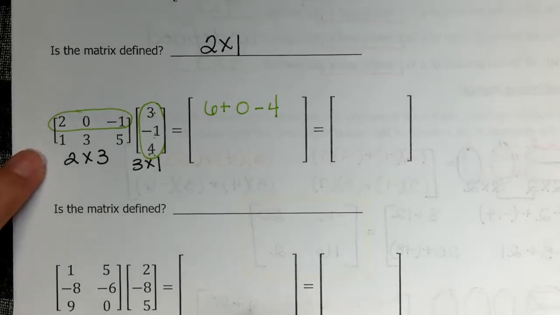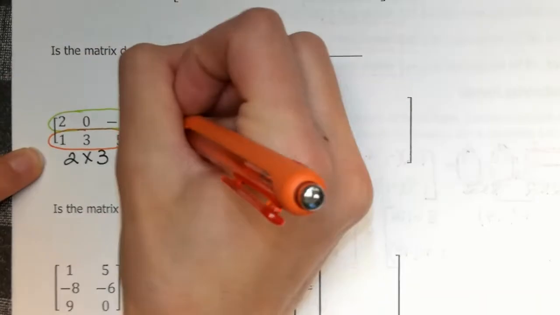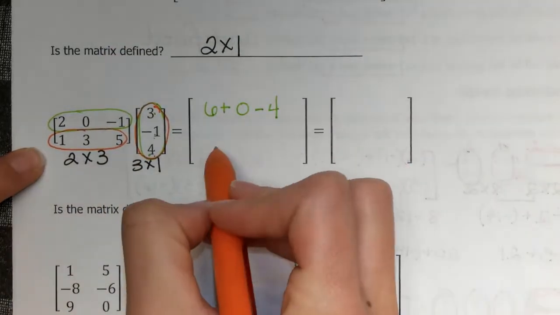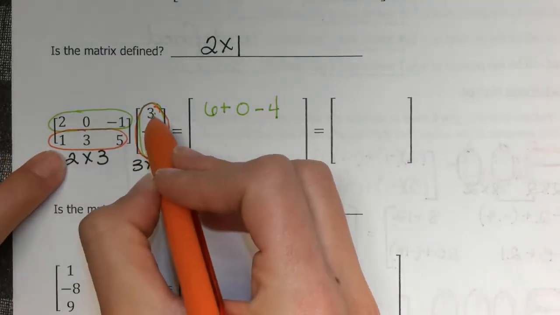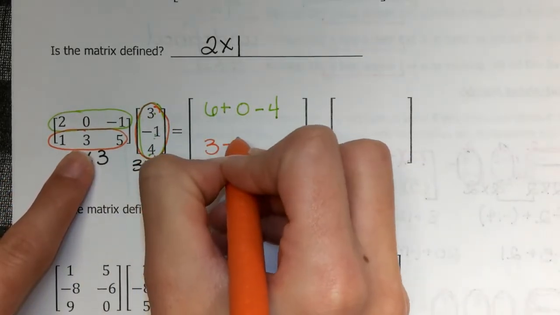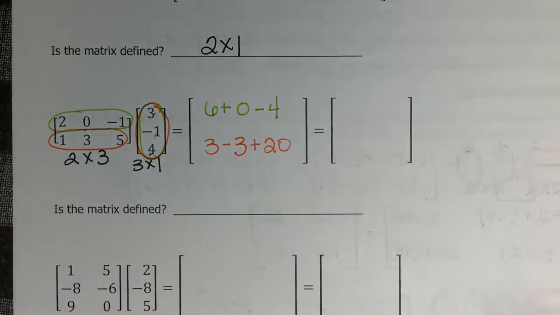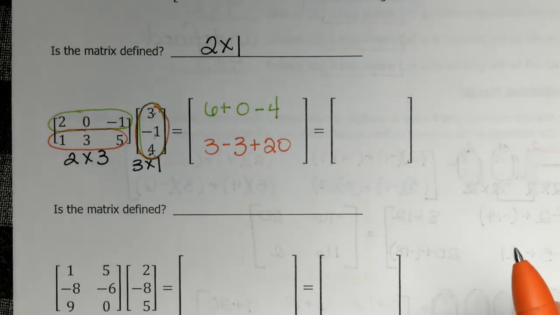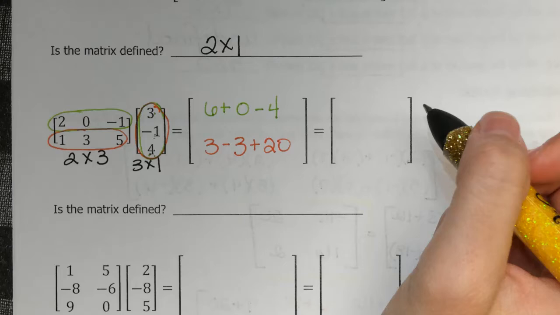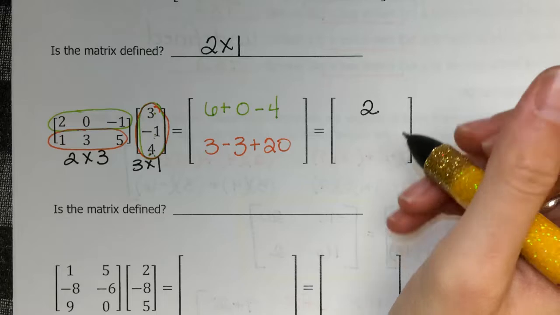Okay, and so now I'm going to do second row times that only column. So 1 times 3. I got a 3 and a -1, so that's going to give me -3. And then 5 and 4 gives me 20. So 6 and -4. 3 minus 3 plus 20.